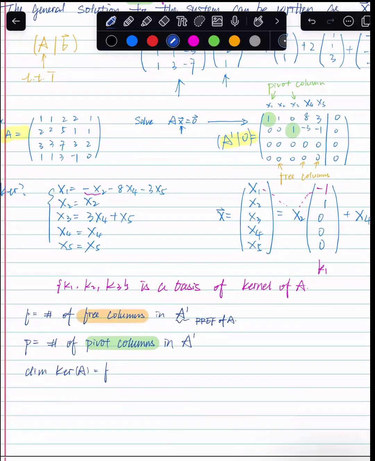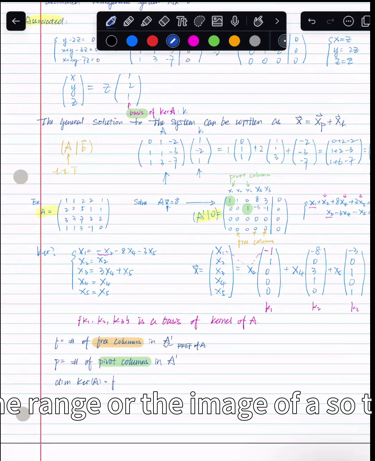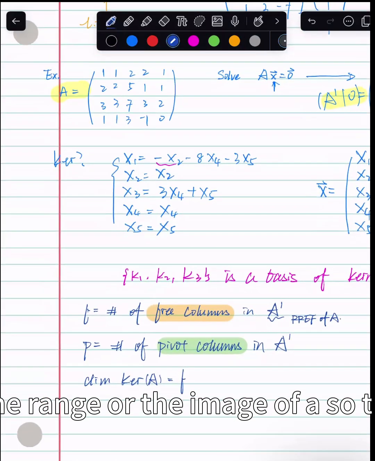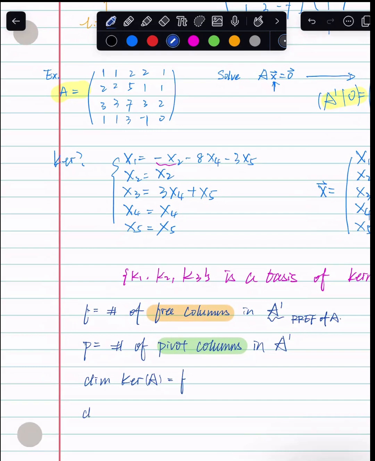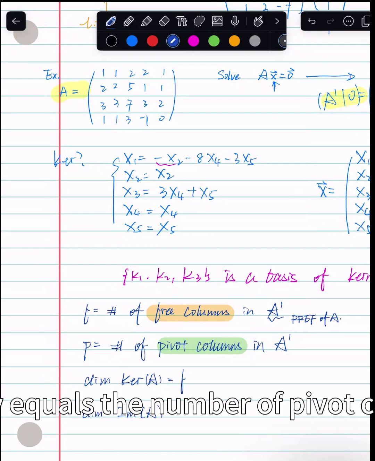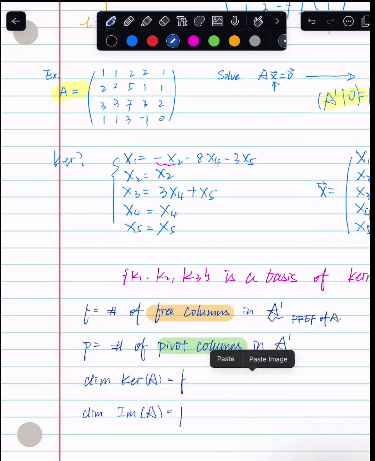But this is also closely related to the range or the image of A. So the dimension of the image of A actually equals the number of pivot columns.